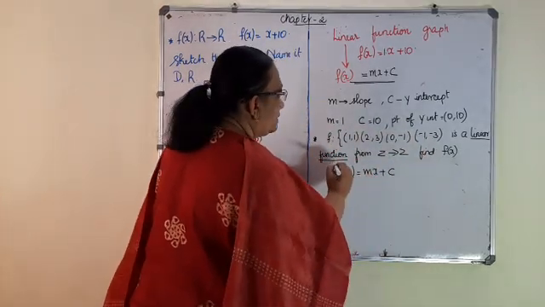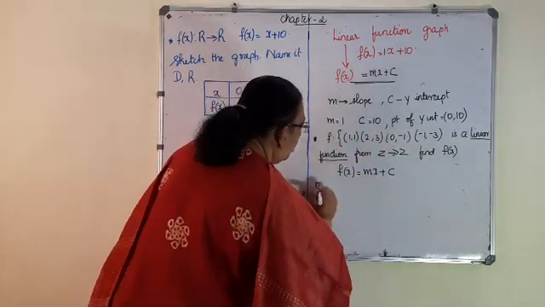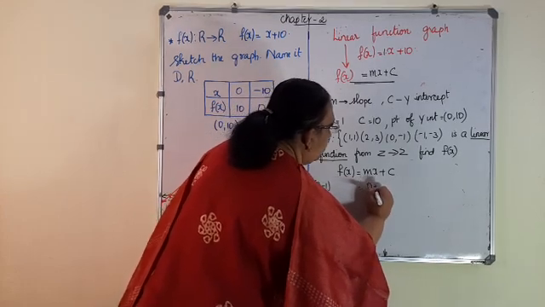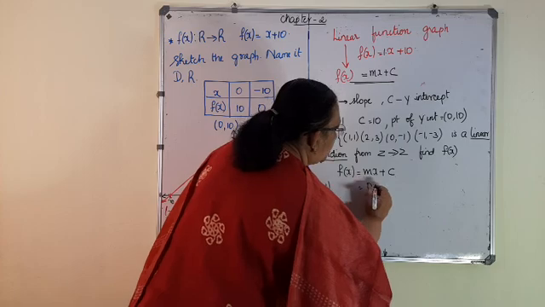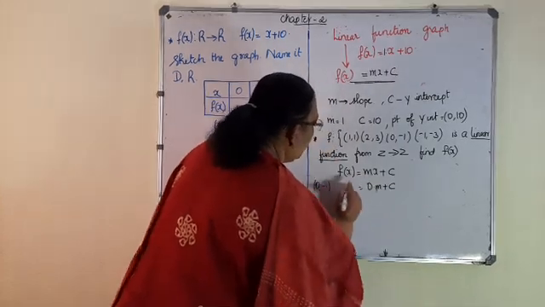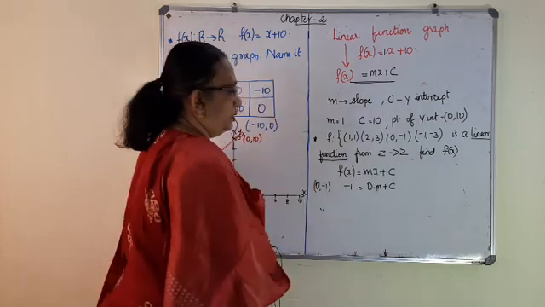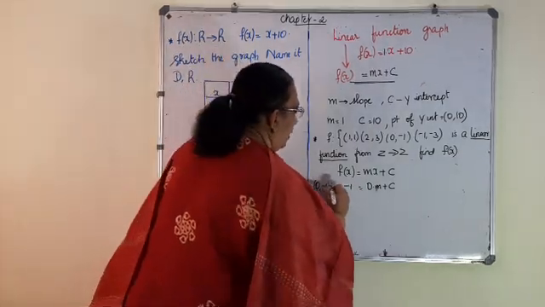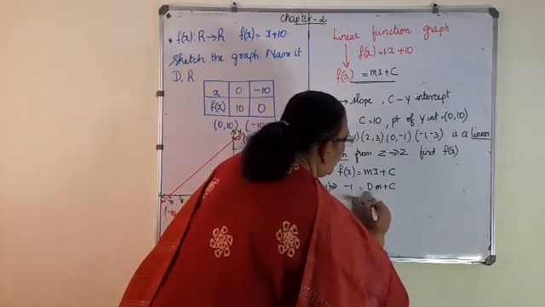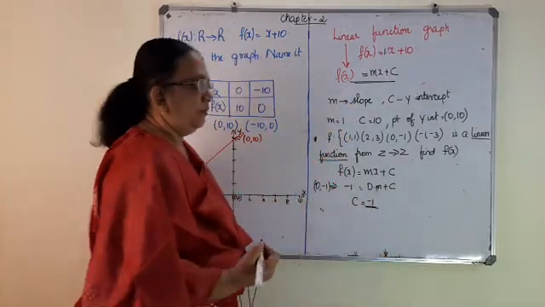If it passes through the point 0, minus 1, that means x is equal to 0, so 0 into m plus c, and f of x is equal to minus 1. That means c is equal to minus 1.